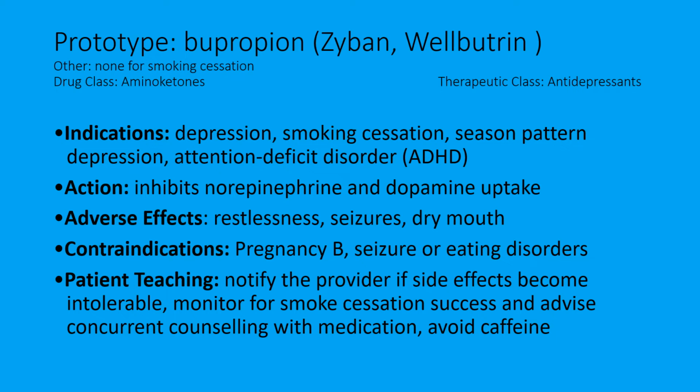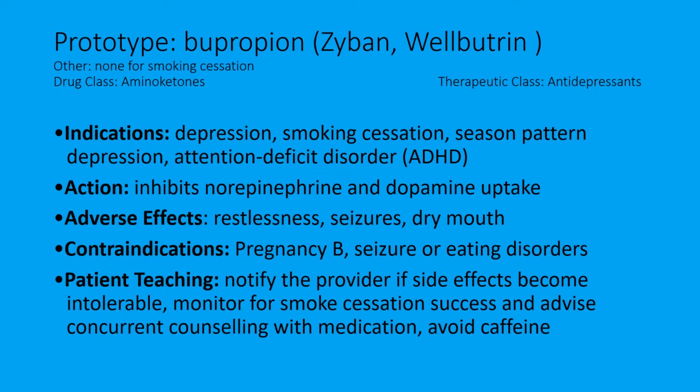And really this came about while this medication was being used as an antidepressant. It was realized that the urge to smoke was decreased in patients that were receiving this medication for depression. And after some research and studies, it was felt that this medication was effective as a smoking cessation medication.